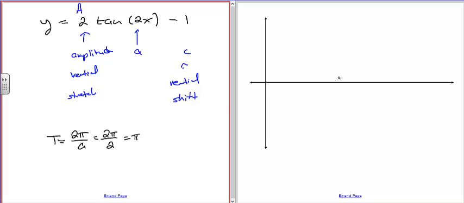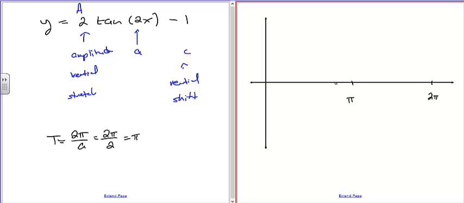So that's the period. If we want to do 2 periods, that's 2 pi, and 1 period is pi. Then we break it up into quarter periods. We first do a half, so you have pi over 2. Do it again, half: pi over 4, 1 pi over 4, 2 pi over 4, 3 pi over 4, 4 pi over 4.